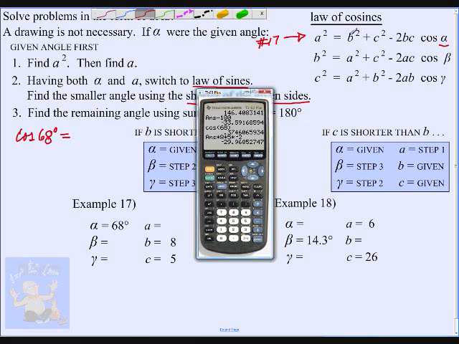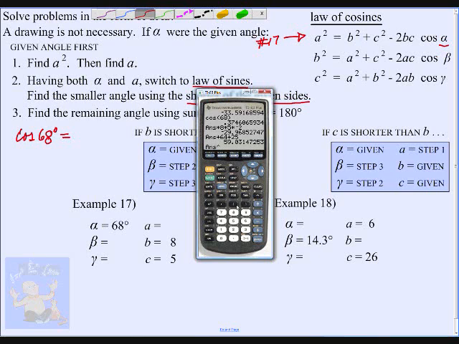Now I'm going to add to that b squared and c squared. B squared, I'll add 64. C squared, I'll add 25. Now I have a squared. Knowing a squared, I'm going to take the square root of that.